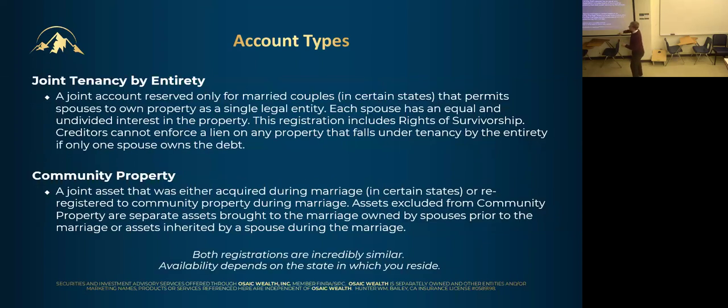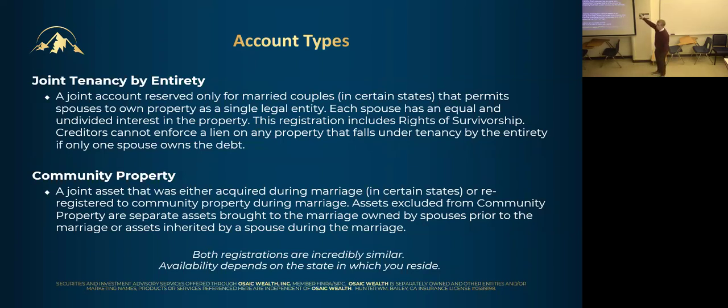Any of those are vulnerable. But a joint tenancy by entirety account, those creditors can't enforce a lien on any property that falls under tenancy by the entirety if only one spouse owns the debt. Now, if they both take out way too much of a mortgage on a house and that goes under, they're going to be able to take the house and clear out the debt that way.